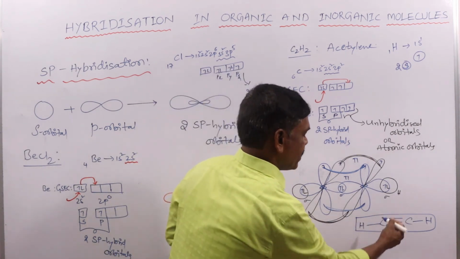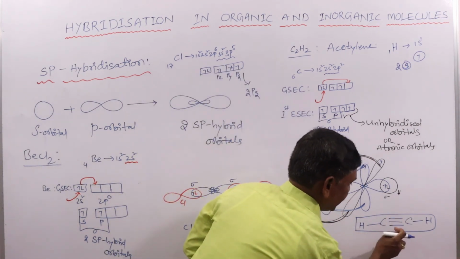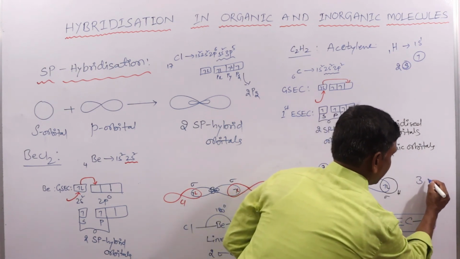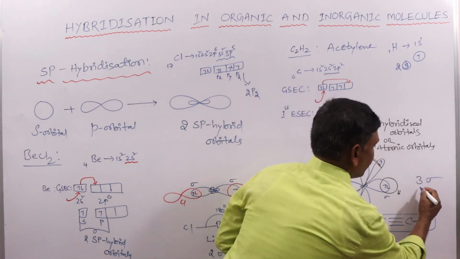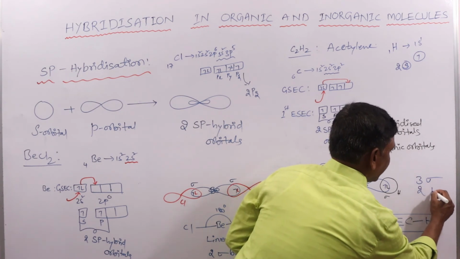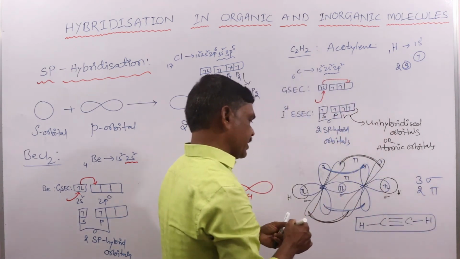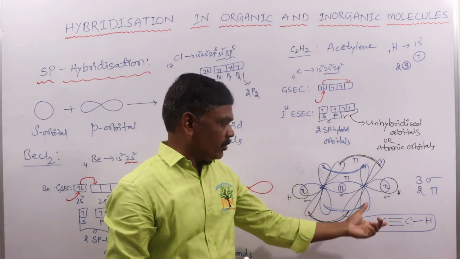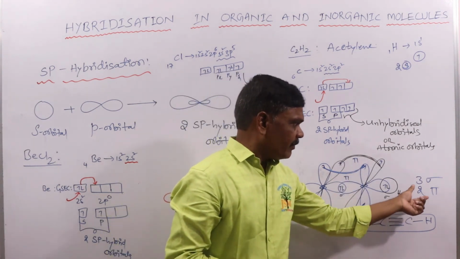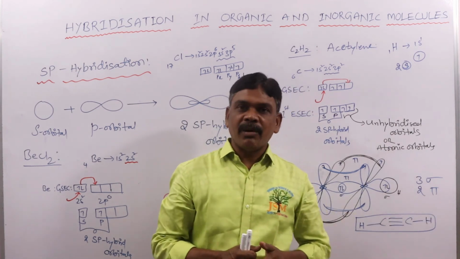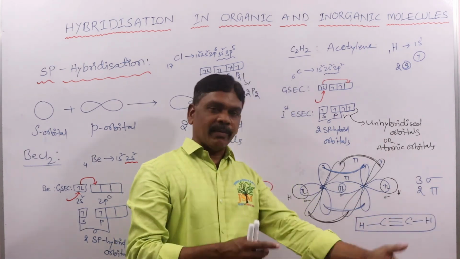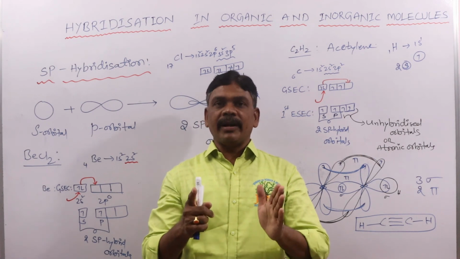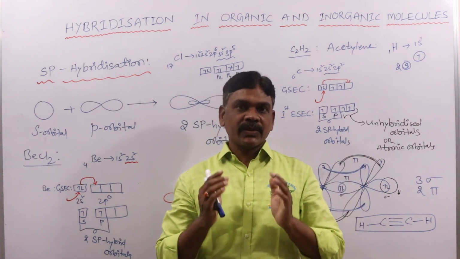Okay, in the formation of acetylene molecule, how many sigma bonds? Here 1, 2, 3. So how many sigma bonds? 3 sigma bonds. How many pi bonds? 2 pi bonds are forming in the formation of acetylene molecule. So now how do we know which is pi bond and which is a sigma bond? In the formation of a molecule, single bond is always sigma bond.